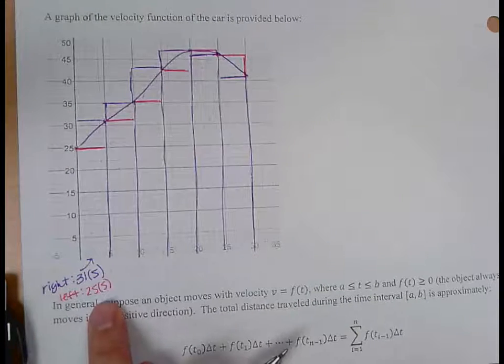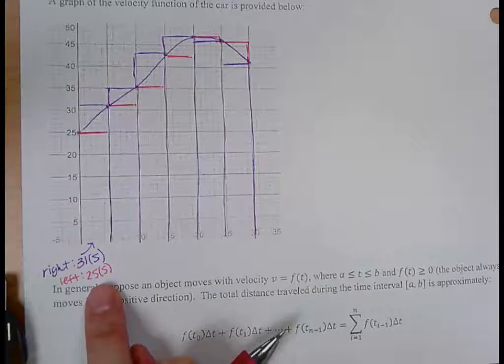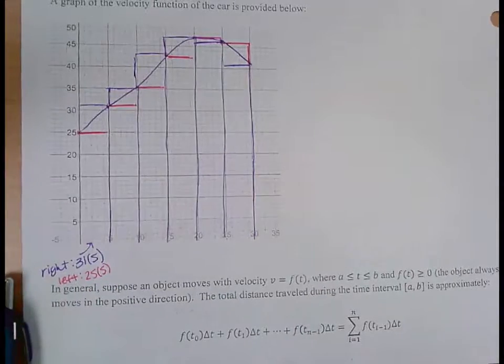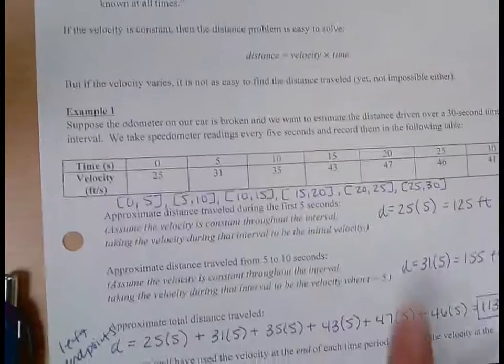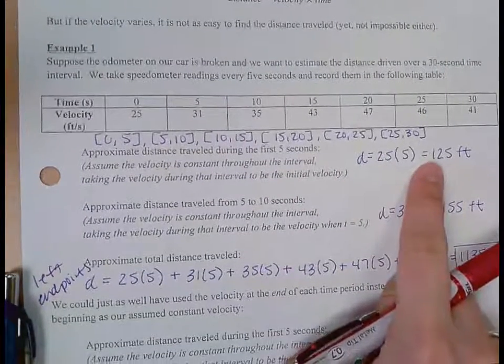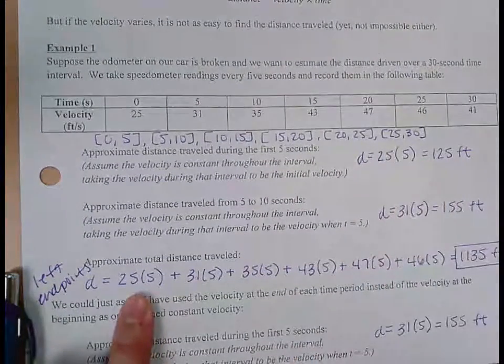And so that first rectangle would have had an area of 25 times 5, which, again, I'll flip back to this. The first estimate we found, that was the first distance traveled, was 25 times 5.